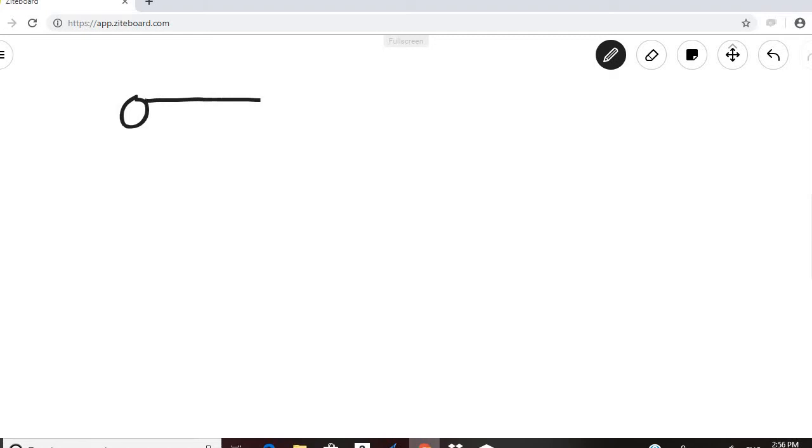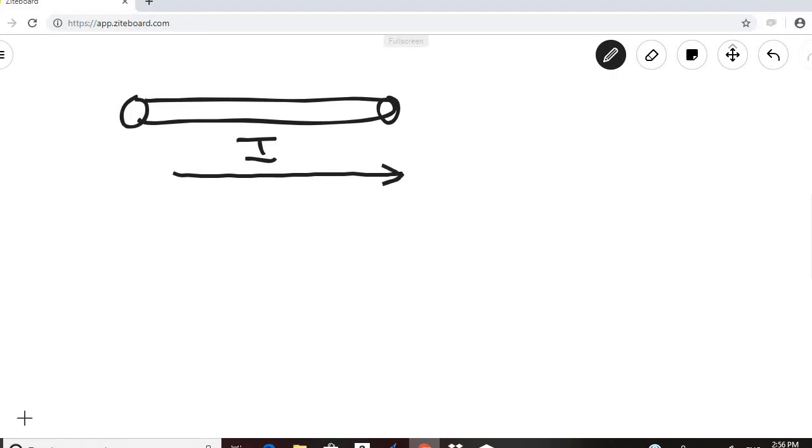If we have a wire that looks like this, and we'll call the current I, so the current is going in that direction, then if you point your thumb in the direction of the arrow, your fingers are going to curl down in this direction, so that the direction of the magnetic field would be like that.